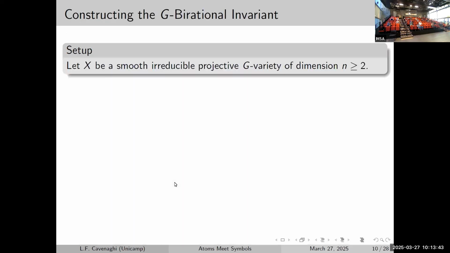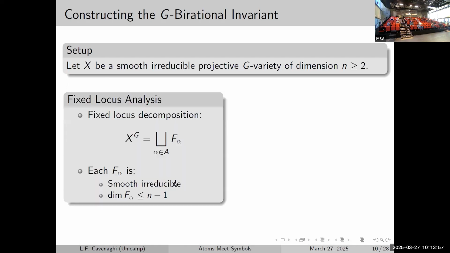But how do you then relate them with birational invariants? If you pick a smooth projective variety of dimension n greater or equal to 2, with a group G acting, you look at the fixed locus decomposition. You decompose into irreducible components F alpha, which have dimension at most the dimension of the variety minus 1.